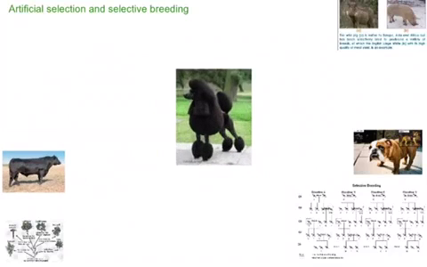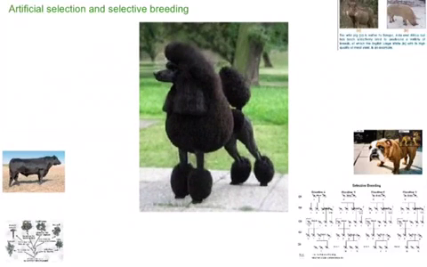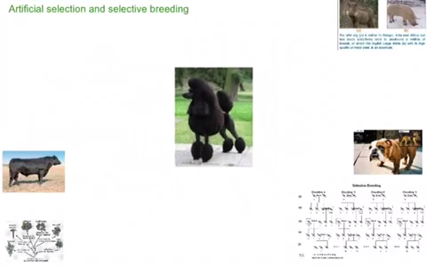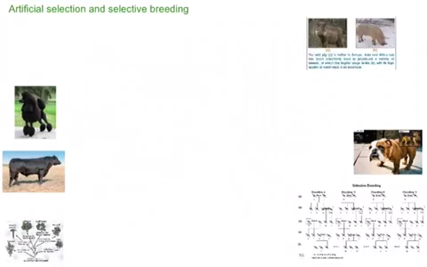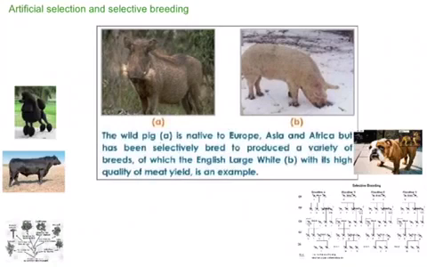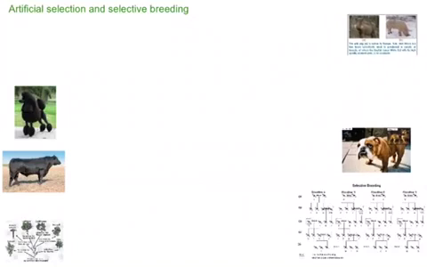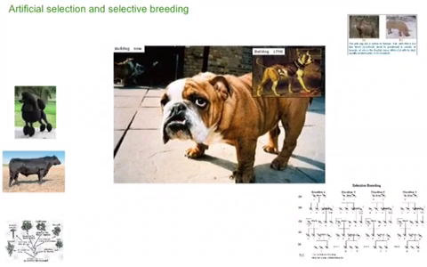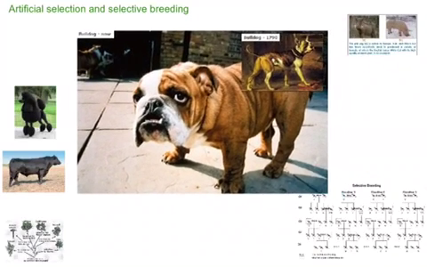We may select particular breeds of dog that are of interest to us, like poodles, and then we can breed them up to give the desired characteristics. We can artificially select particular pigs and then put them through selective breeding to give us a particular animal that we're interested in. And over time, we could actually change the form of an animal significantly.